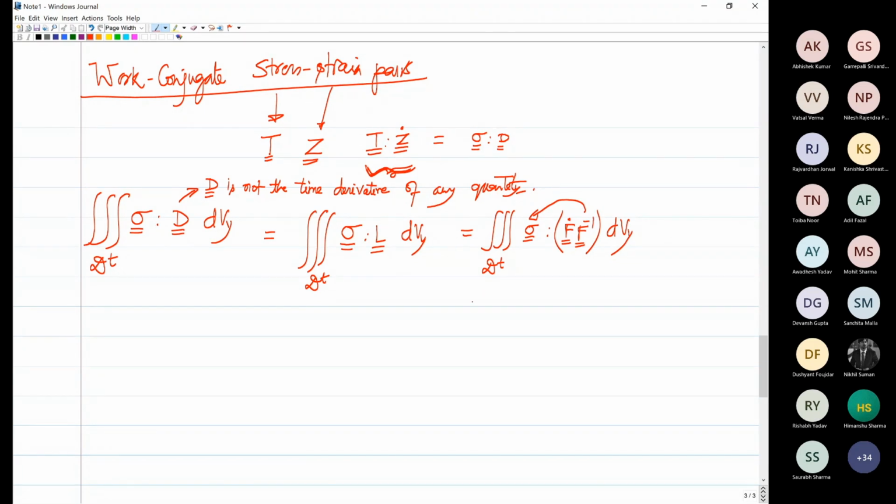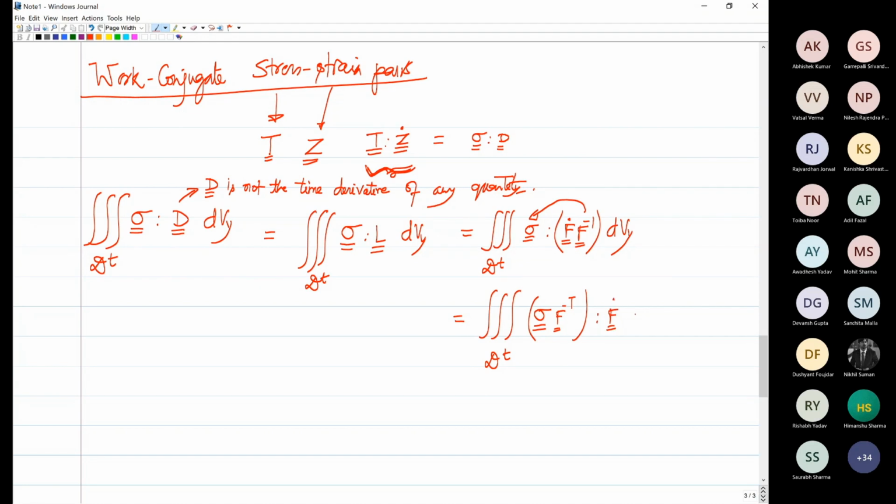Okay, so what I mean to say is that this is going to give you integral over dt sigma f inverse transpose double contraction f dot dvy.